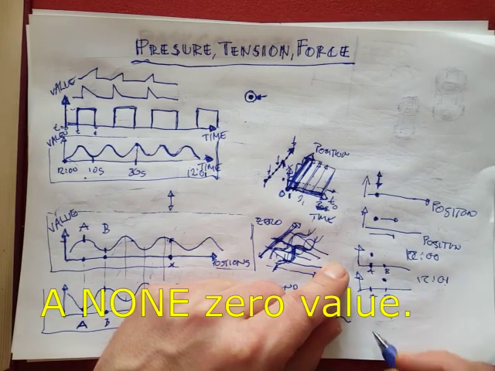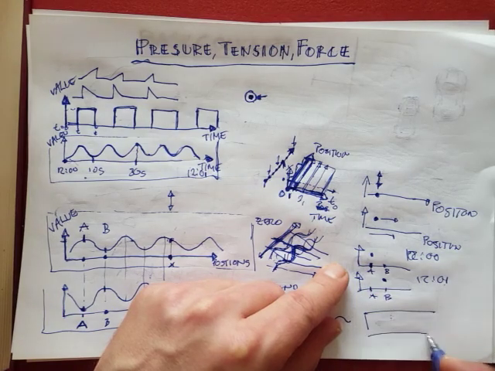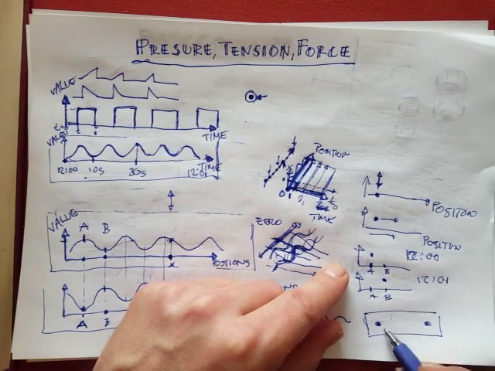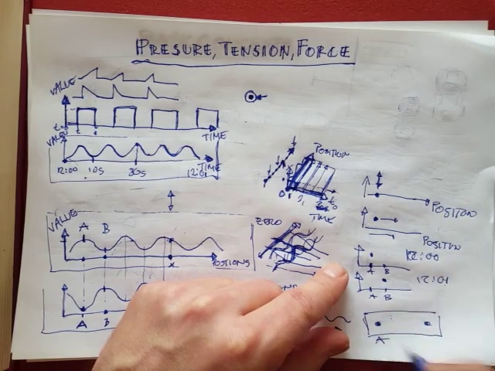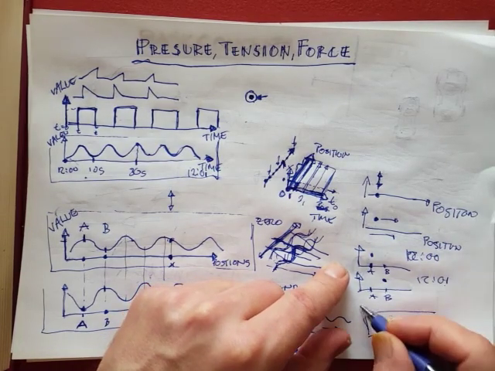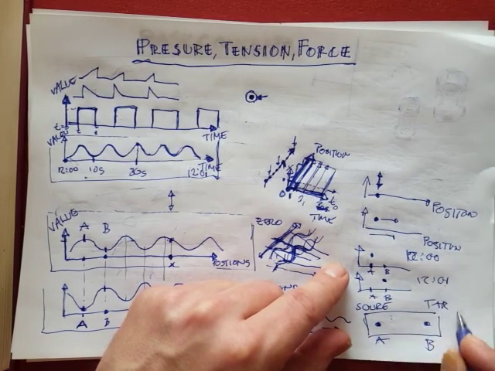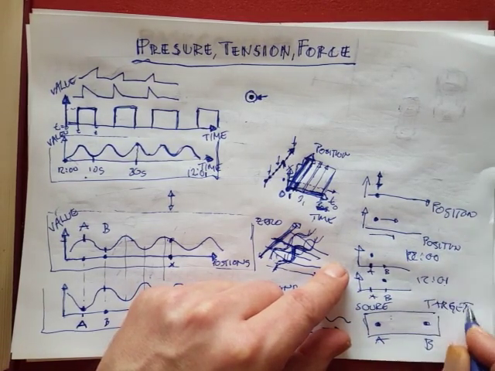So we come back to the box thing here, where we observe an event at A and B, and I call this source and target.